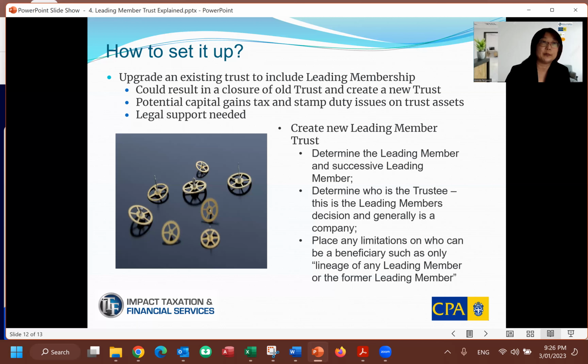Normally we always recommend a corporate trustee, because it's safer and easier for succession planning. And then place any limitation on who can be a beneficiary, such as only the lineage of any leading member or the former leading member. So this is really important as well.